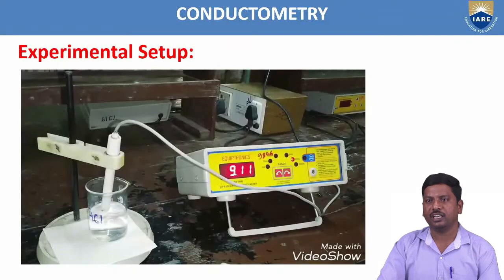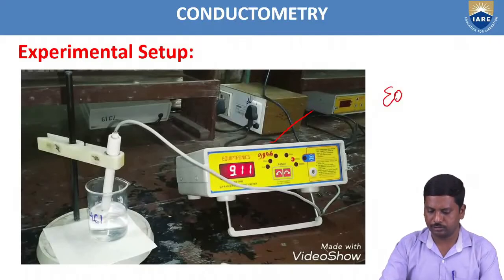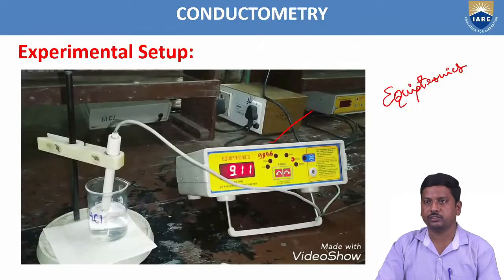So this is the experimental setup of the conductometric titration. This is called a digital conductivity meter, and it is made by Electronics, one of the famous manufacturing companies supplying physical parameter instruments. They make the digital pH meter, digital conductivity meter, digital potentiometer and digital EC TDS meters.